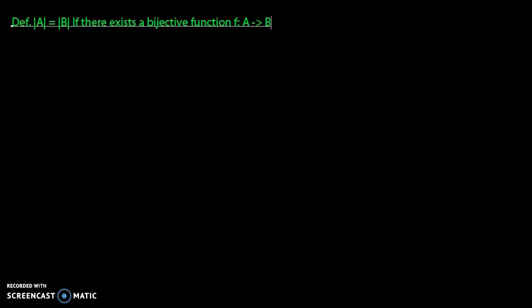And when we have a bijection, that means that the function from A onto B is surjective as well as injective.